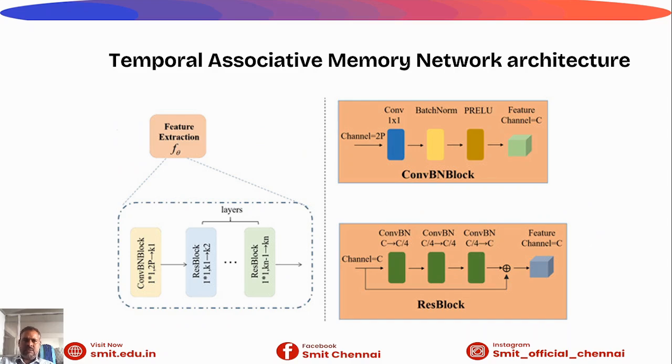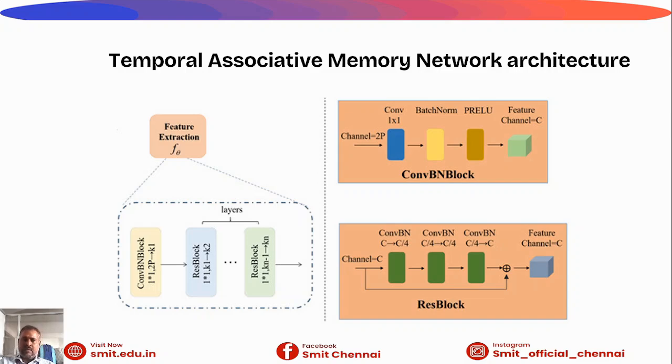Next we deal with the temporal associative memory network architecture. Here we deal with a future extension of F0. There are three types of layers: convolution block, residual block, and residual block 1.